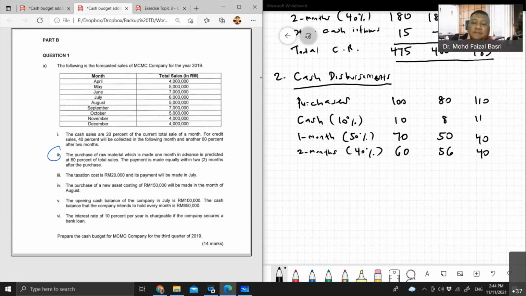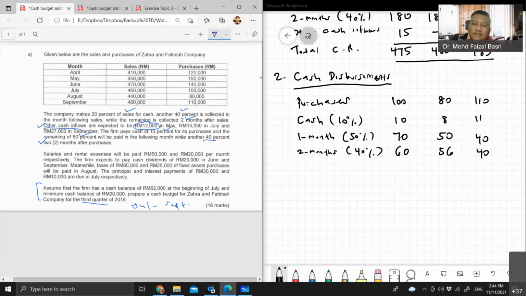In a cash budget, the hardest part is actually the purchases part, because they rely on other figures and you have to cascade down the values. But for this question that we did just now, Zahra and Fatima, it is quite straightforward because the purchases is given to you. So they save you a lot of hassle.